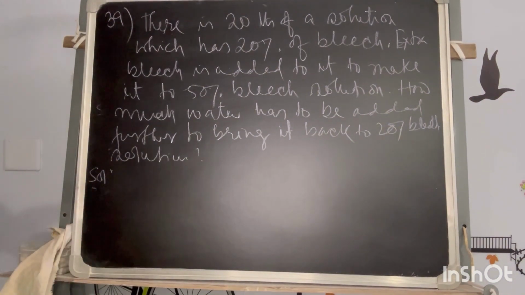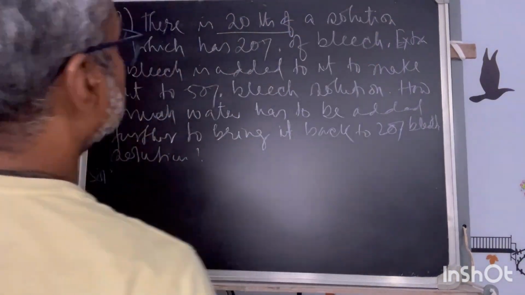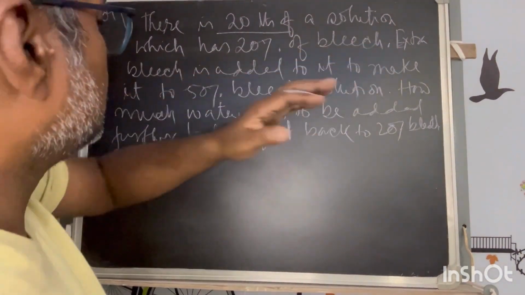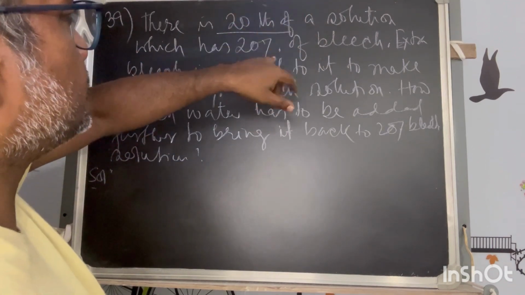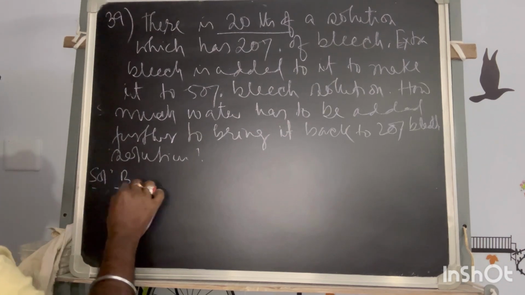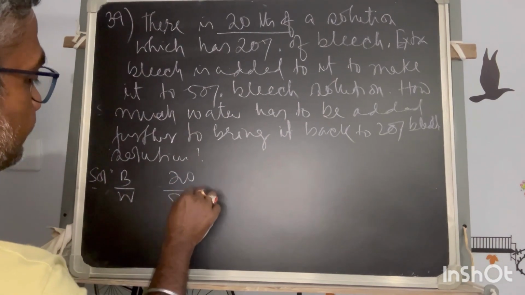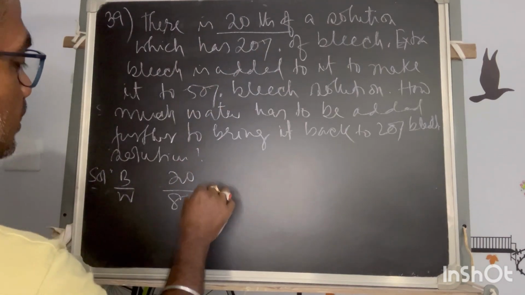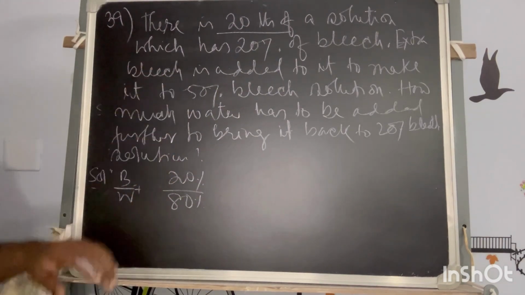There are 20 liters, the initial volume of the solution, which has 20% of bleach. So that means 80% of water, because there are two ingredients only, bleach and water. So initially the bleach to water is in the ratio of 20:80, because if 20% is bleach, the remaining will be water. Extra bleach is added.